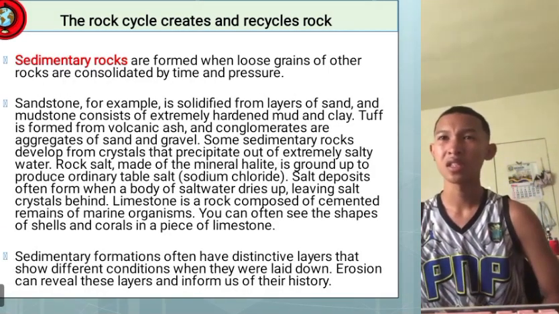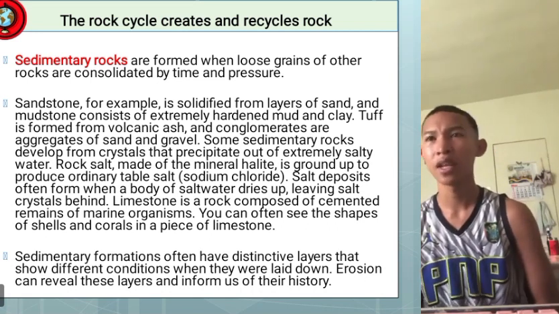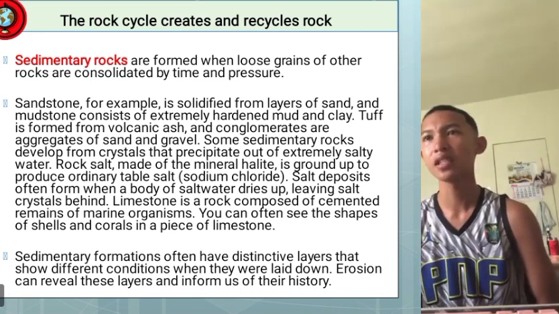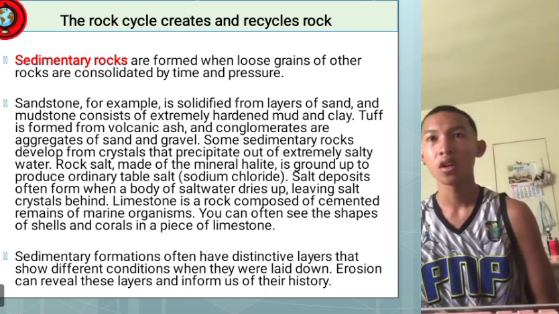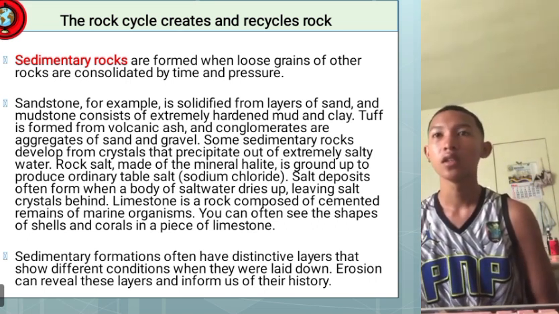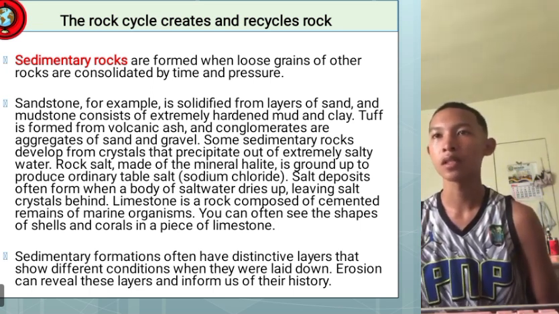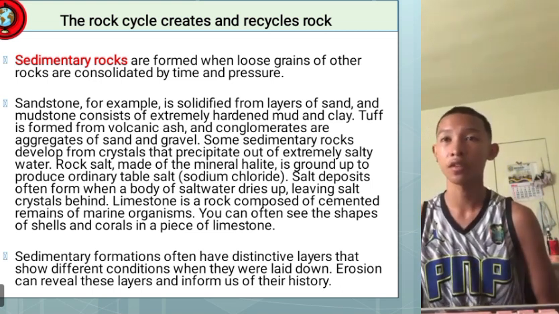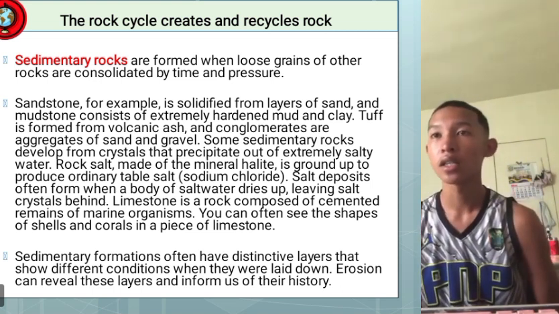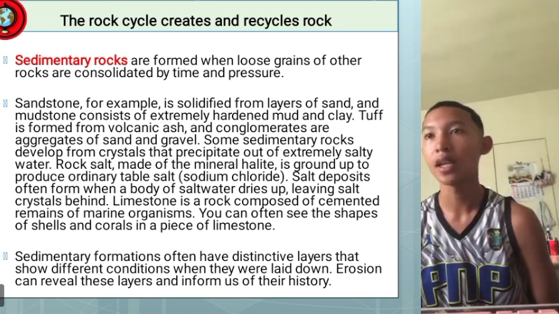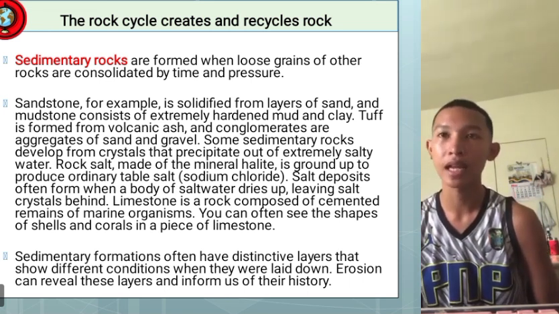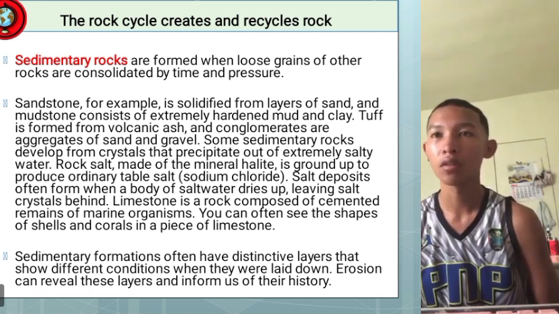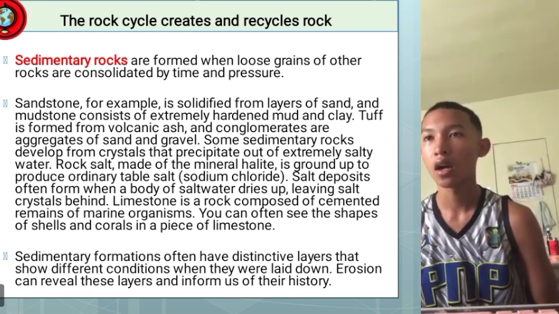So the last one, the sedimentary rocks, are formed when loose grains of other rocks are consolidated by time and pressure. Sandstone, for example, is solidified from layers of sand, and mudstone consists of extremely hardened mud and clay. Tuff is formed from volcanic ash, and conglomerates are aggregates of sand and gravel.